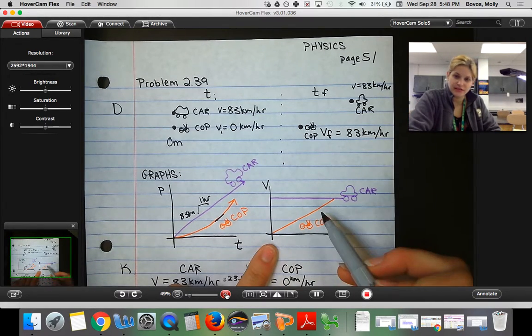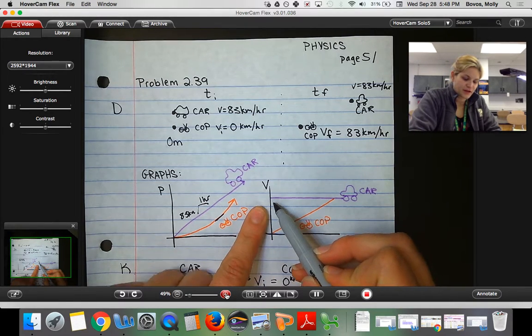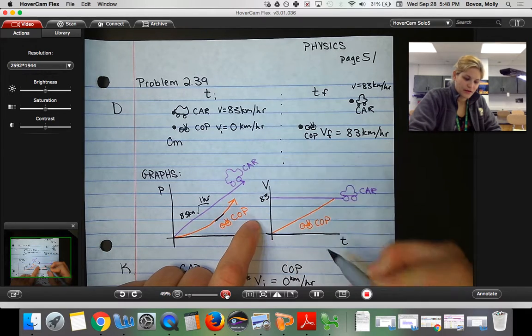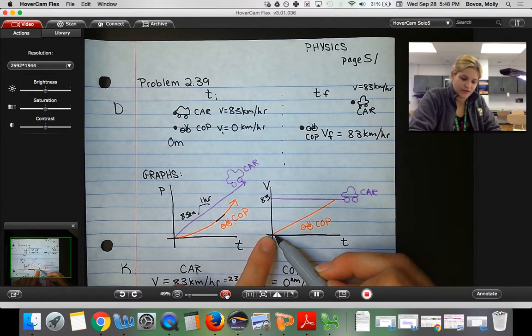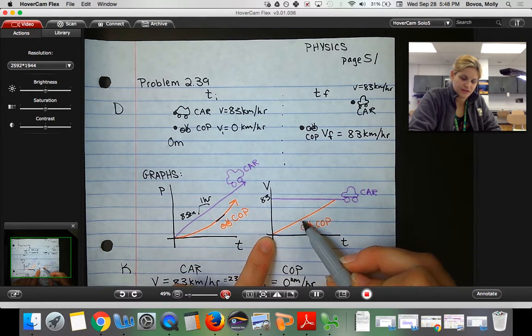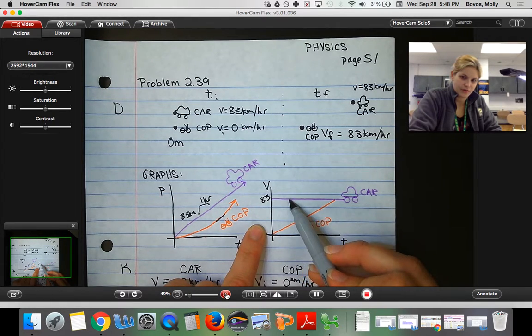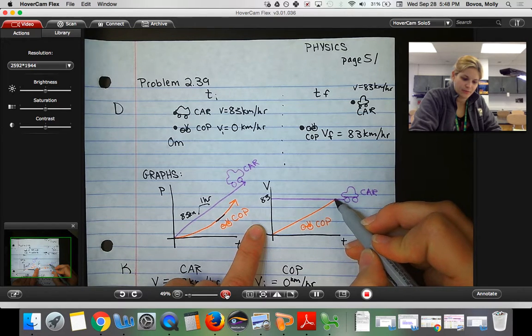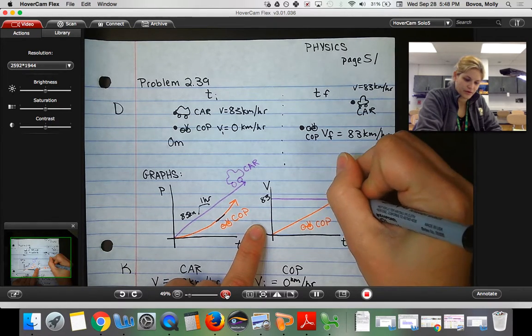Just looking at their velocities, we start out with the car going 83, and the cop starts out going at 0, so the cop is going to have a constant acceleration while the car is going at a constant velocity. And eventually they're going to get to this point where they're going the same speed.